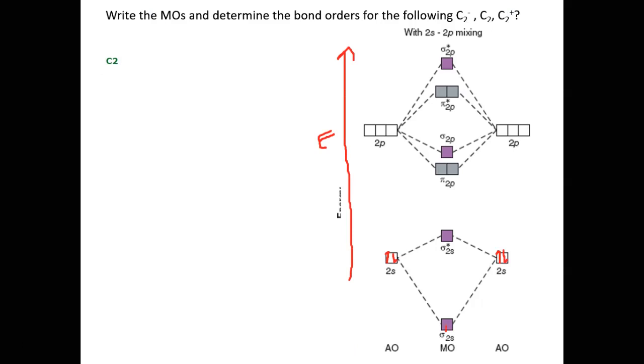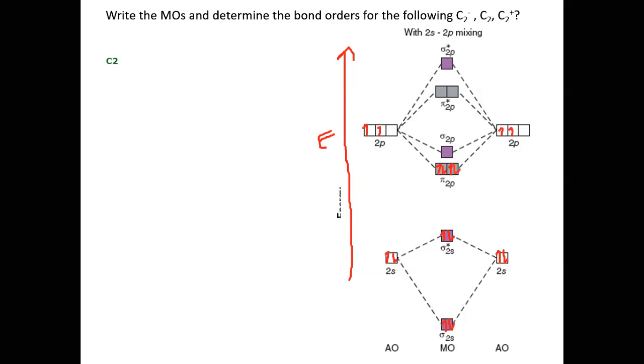And so there's a completely filled sigma and sigma star 2s. No surprise there. Now for 2p, it has two 2p electrons. So again, you do Hund's rule, you put one in each. Notice that pi has two degenerate orbitals, and then we pair them up.